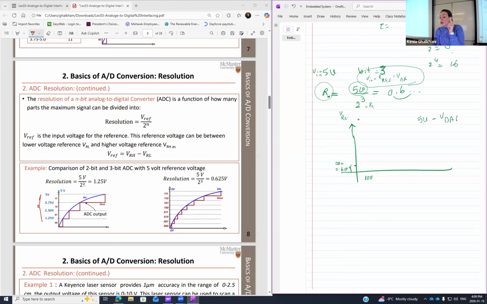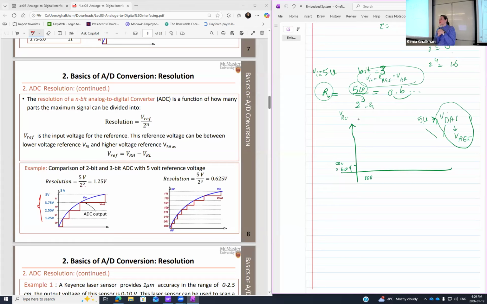Very close, either maybe bigger or equal, or less than equal, very close to that. In that situation, anyway, VDAC is the same as VREF. Now makes sense? These two are the same.